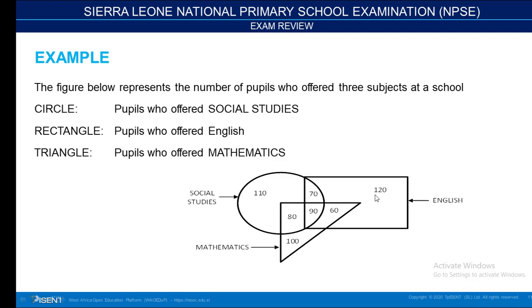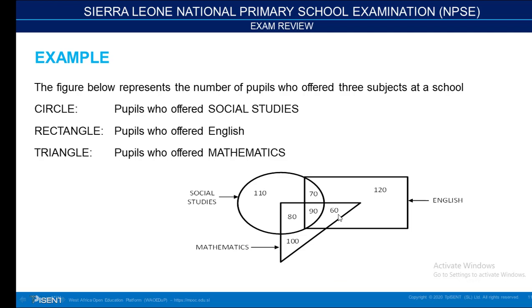If they are found in only one particular shape, like 120, it means these 120 pupils are offering English only. They are not offering any other subjects. Likewise, for 110, social studies only, not any other subjects. And 100, mathematics only, not any other subjects.